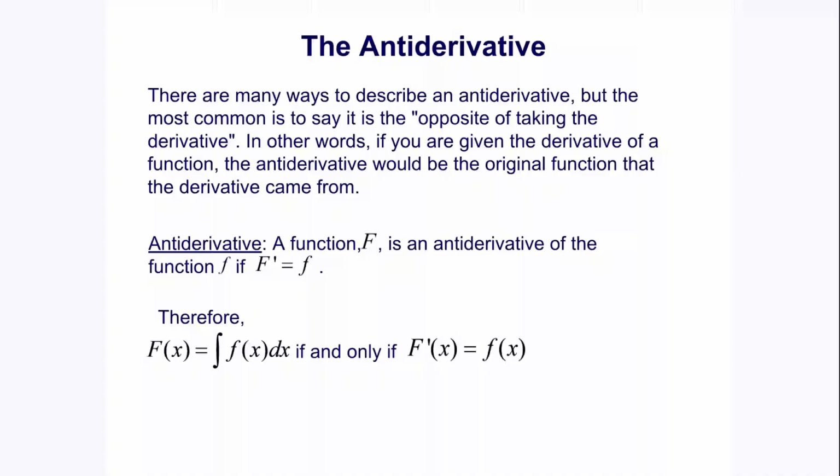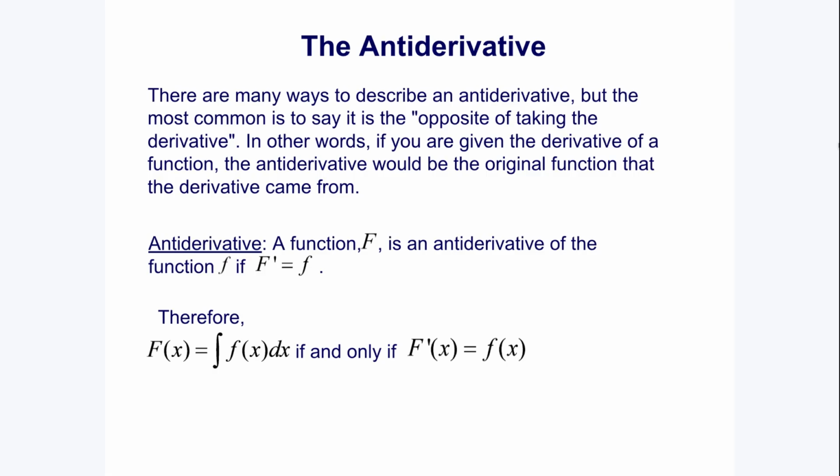Okay, so let's talk about antiderivatives. So an antiderivative is just an integral. I like this term better because anti is essentially the same term as the opposite. So it's basically the opposite of a derivative. If you're given the derivative of a function, the antiderivative would be the original function that the derivative came from.